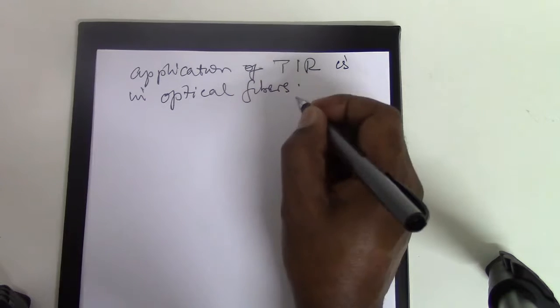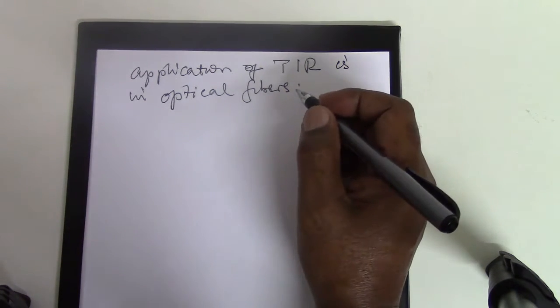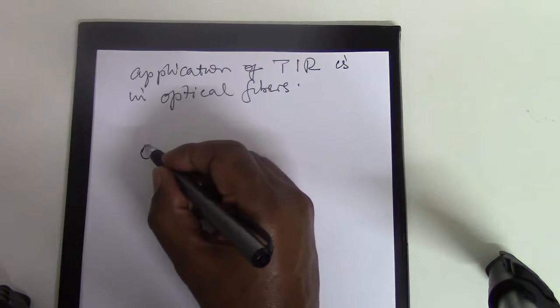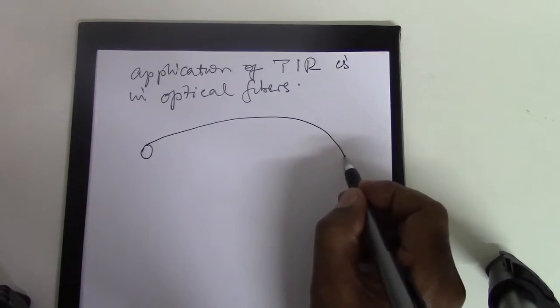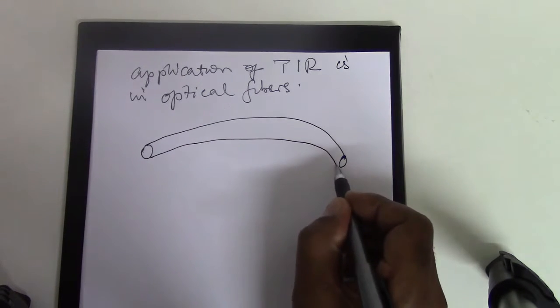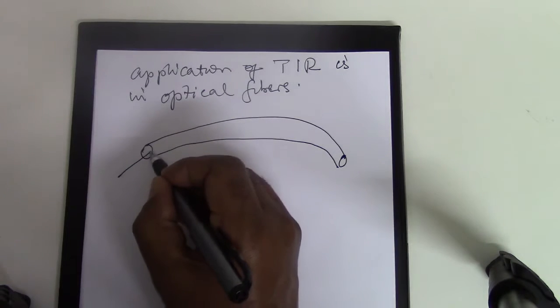Optical fibers. Right. Now, these are tubes. You can draw the tube like this. These are just tubes that are used to trap light within them. Now, you can have light entering.